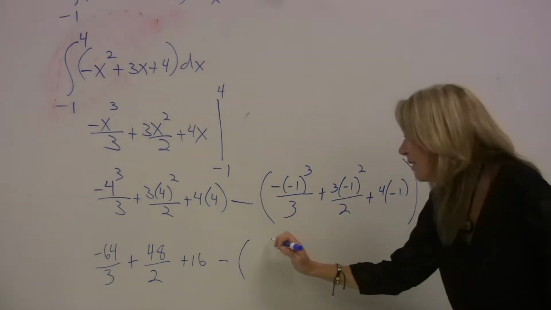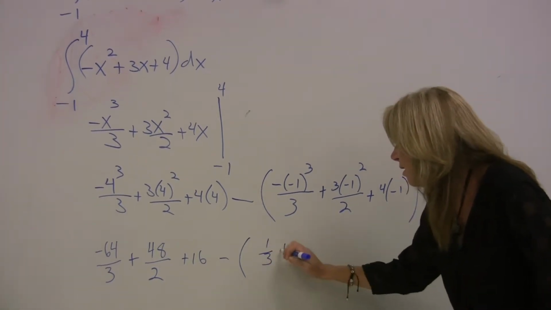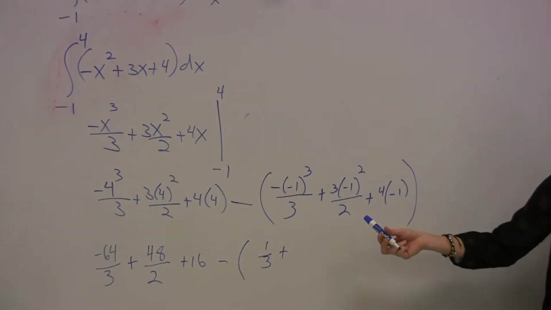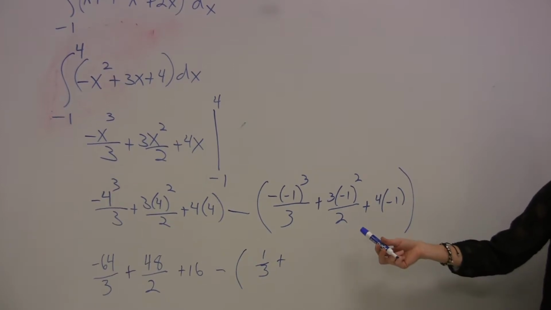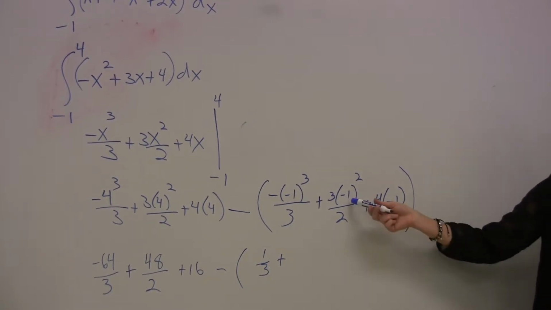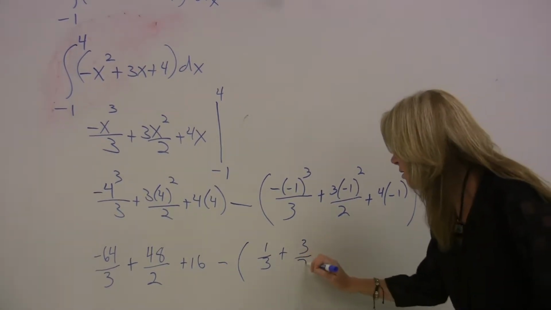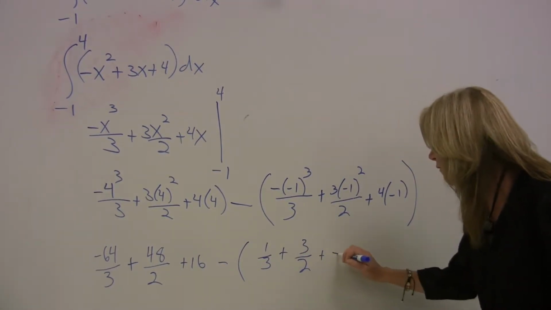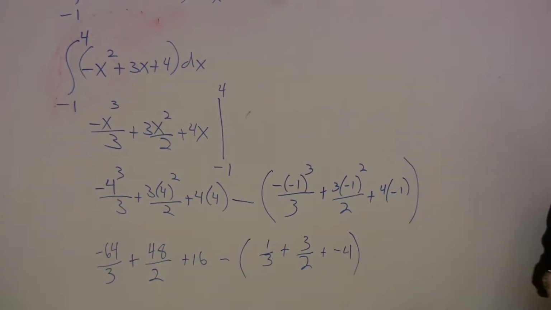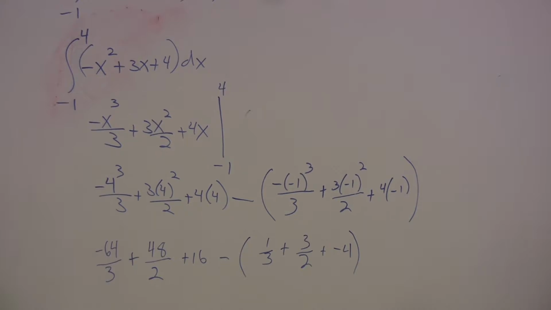So that's positive 1/3. How about this one? Positive or negative? Positive again, right? Because the -1 squared is positive. So that's 3 over 2. This one's -4. I can do that. Still okay?